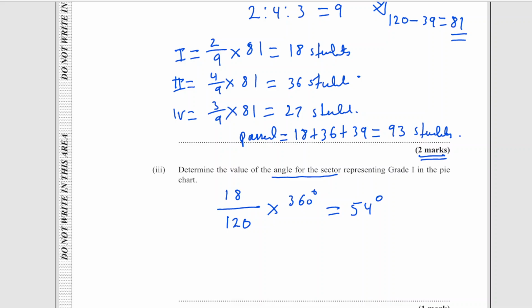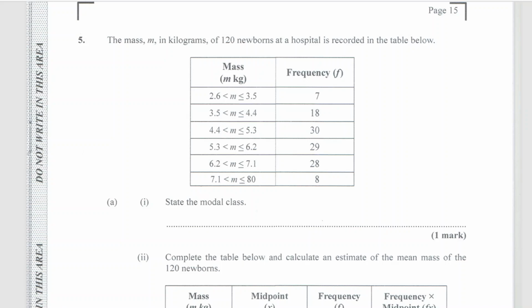Okay. All right, so up next, we're going to start the questions that I asked you all to print, the ones that we have to draw and interpolate from. So this will be group data now, where we have these class intervals.